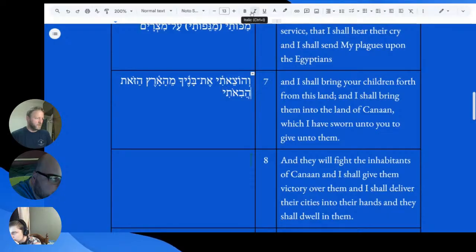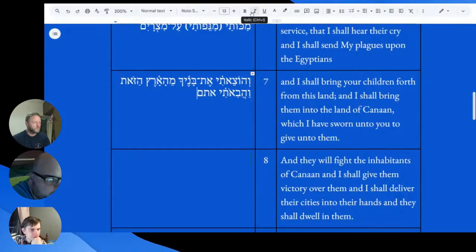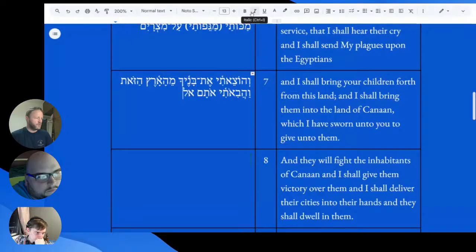Vahavioti, I will bring them in, like vahakimoti in the story of Noah: vahakimoti et briti imachem, I will establish my covenant with you. Vahavioti otam, I will bring them into, El Eretz Canaan. So he went from Egypt into Canaan.